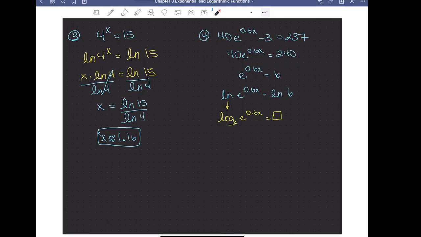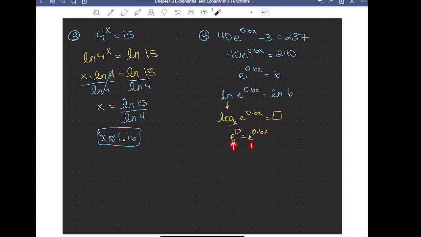So when it comes to writing these as exponentials, your base was e, right, raised to whatever this was. Remember, that was your exponent. Equals your number, which would be e to the 0.6x, right? So does my little box have to equal that 0.6x, right?